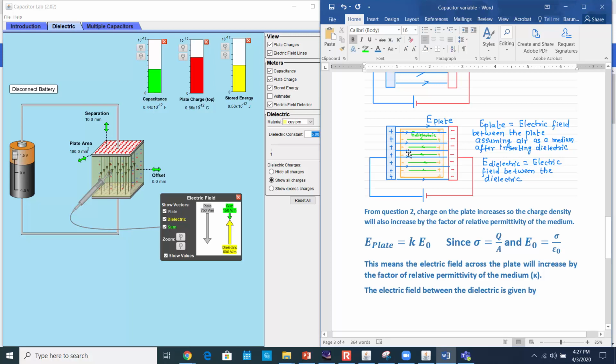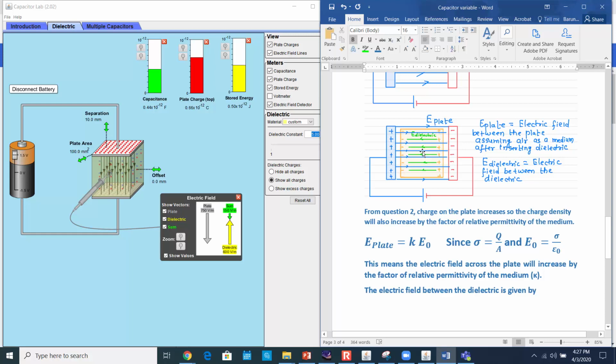You see the green lines, that is the electric field within the dielectric. And then E plate is the electric field still between the plates. So there are now two fields, and the total field will be E plate minus E dielectric.